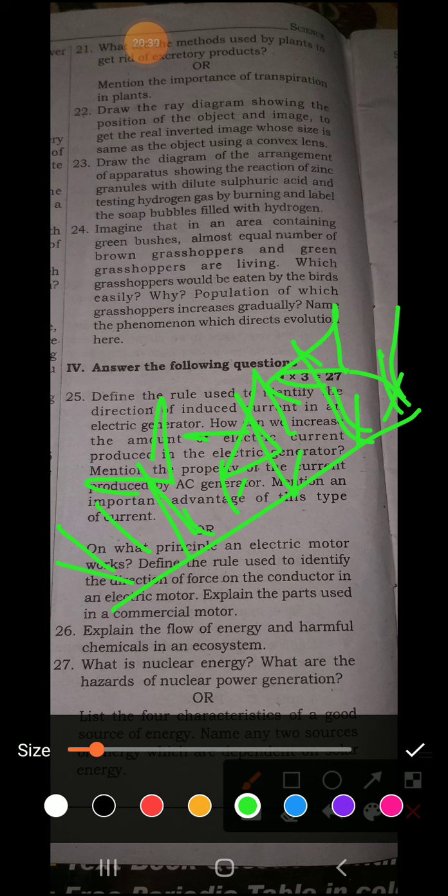Brown color is not available here, so I'll take yellow. Suppose there are equal numbers of grasshoppers.